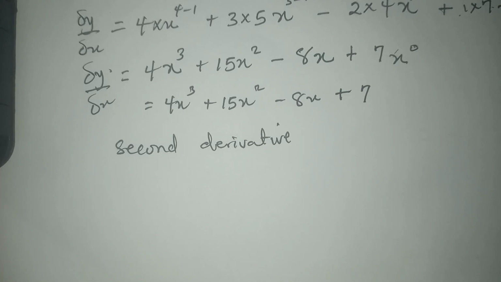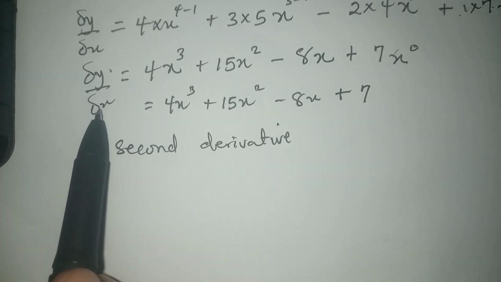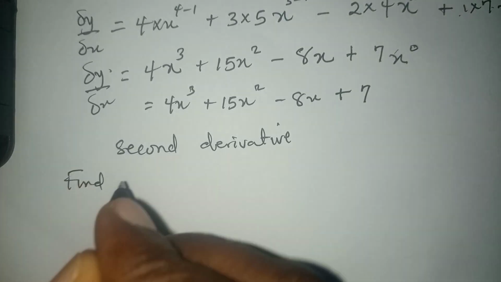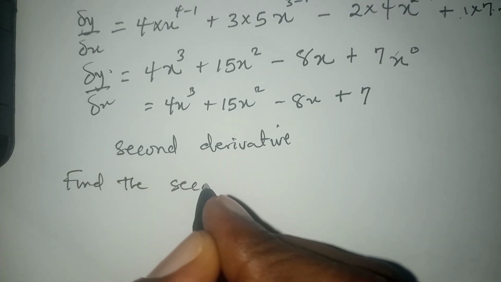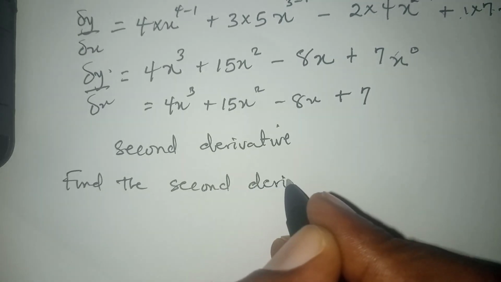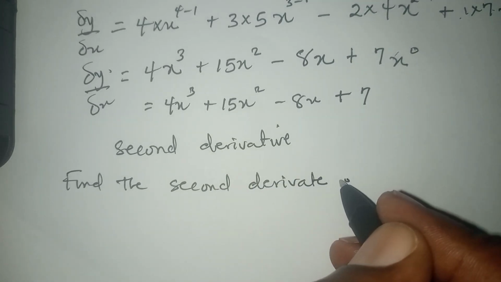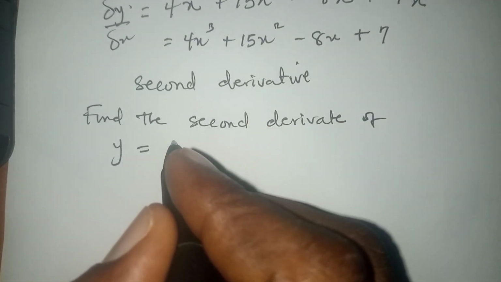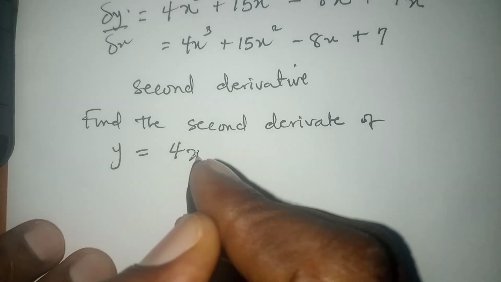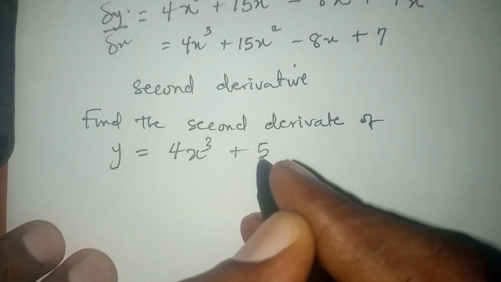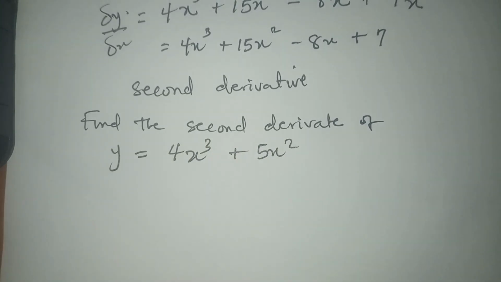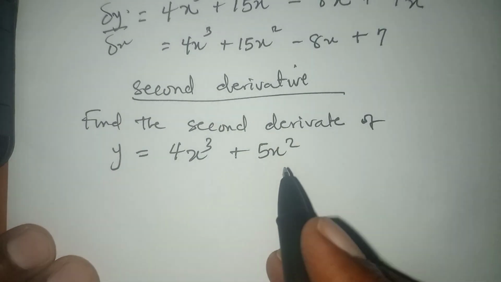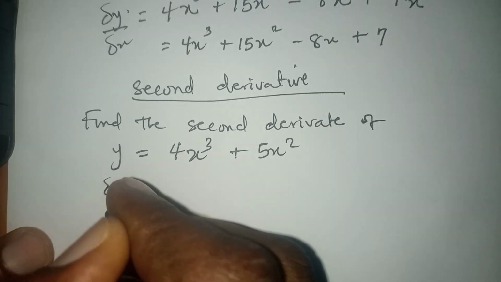Let's say the question says find the second derivative of y equals 4x cubed plus 5x squared. Suppose we have a particular function and we are told to find the second derivative, which is quite simple. Now, how do we find the second derivative? We find the dy dx first.